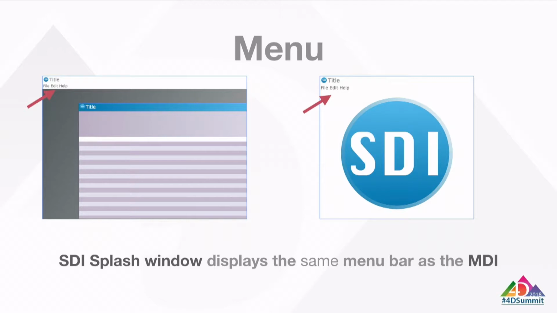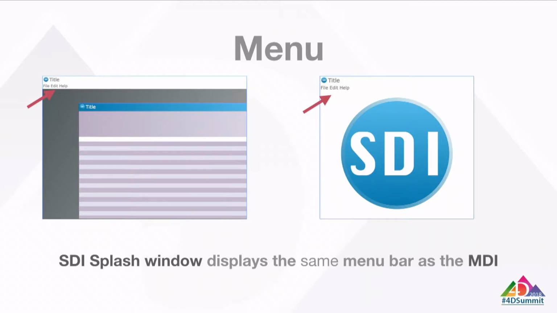In 4D, there is an option to hide the splash window, so I'll explain what you do if that's how your application is designed. But anyway, the main menu is automatically given to the splash window, so basically you can use the same application with the same look and feel.